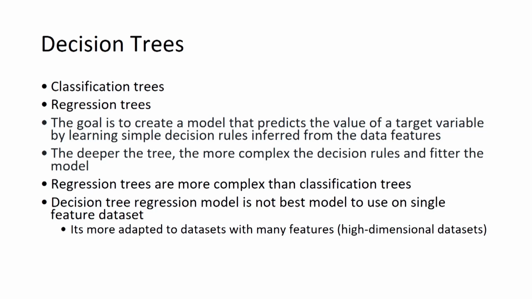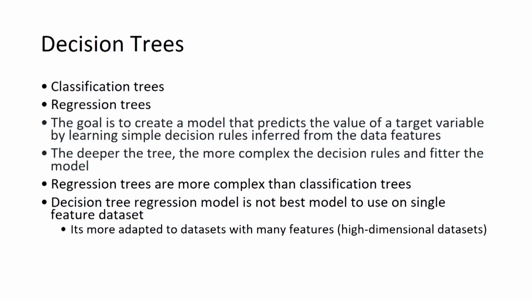Generally regression trees are more complex than classification trees, but in either case, if your tree is complex, it means your model is complex and there may be chances of overfitting. In that case we use pruning of the decision tree. We will see later how we can use pruning to avoid overfitting.